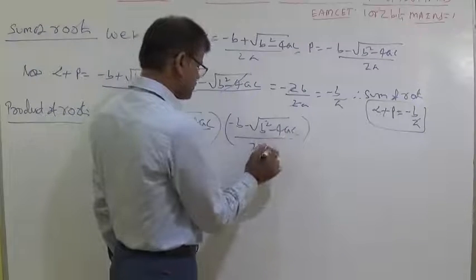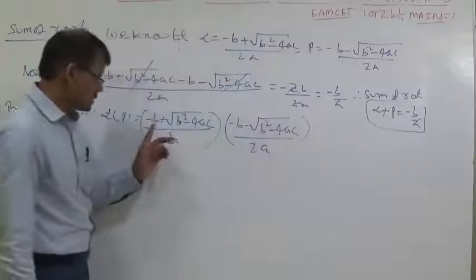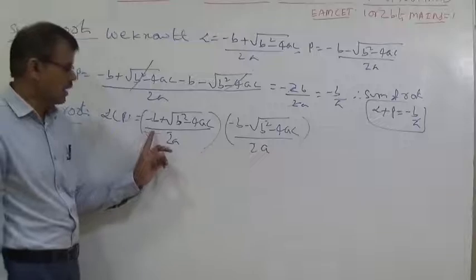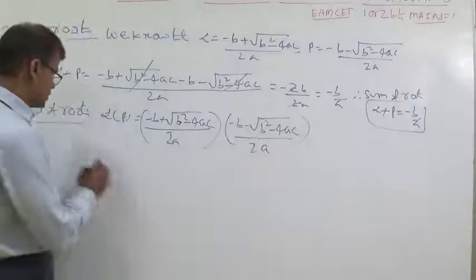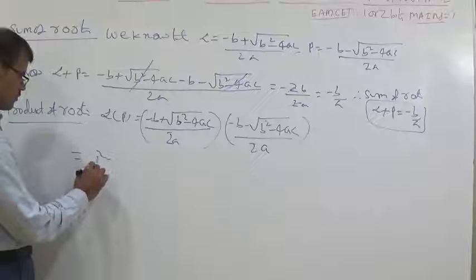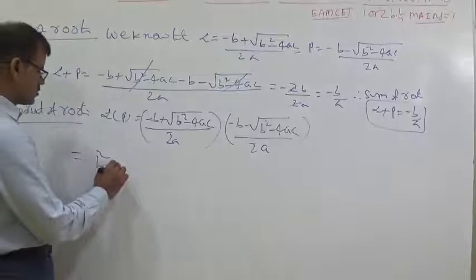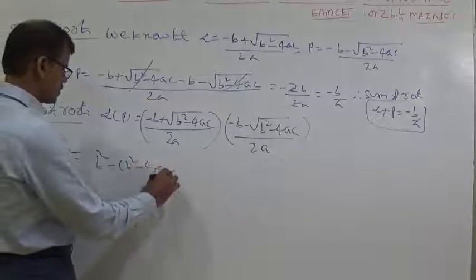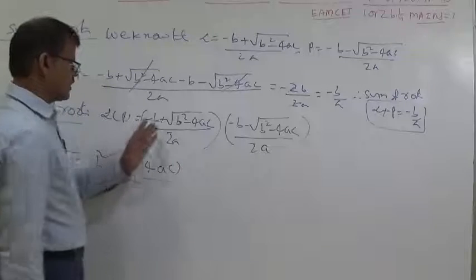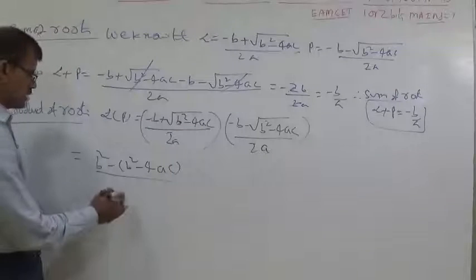This one you can understand as, this is minus b is a term a and plus this is a term b: a plus b into a minus b. We know that the formula of a plus b into a minus b is a square minus b square. You can write here b square minus of this root, and root will be getting cancelled.